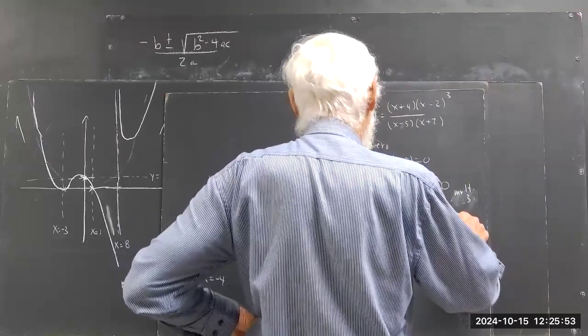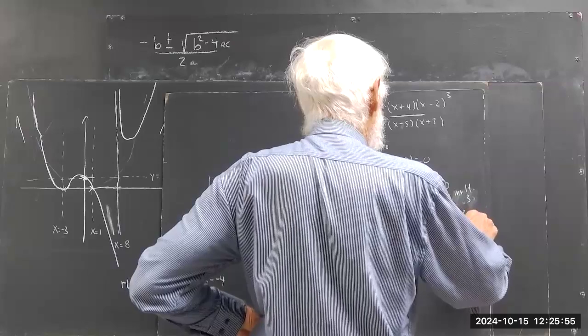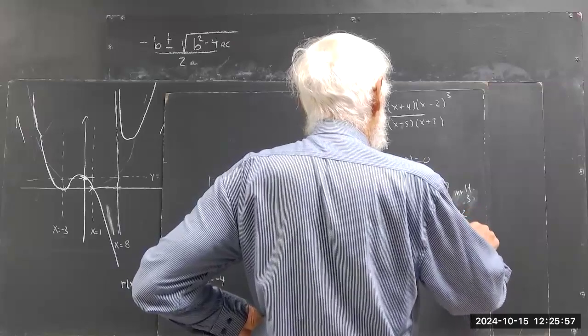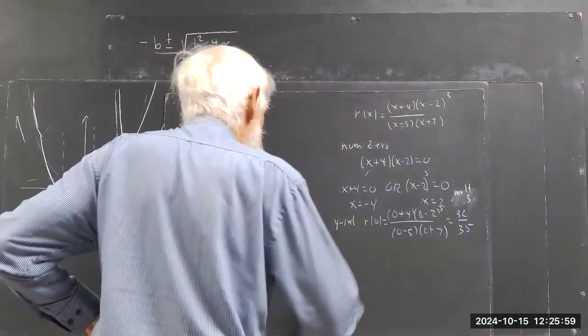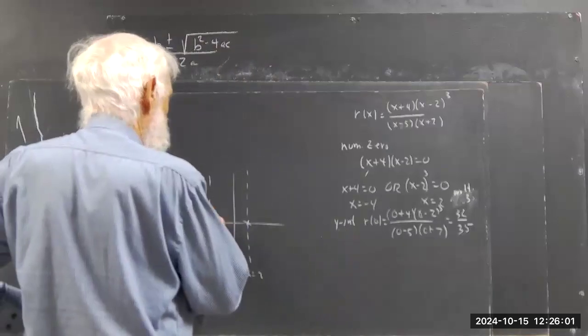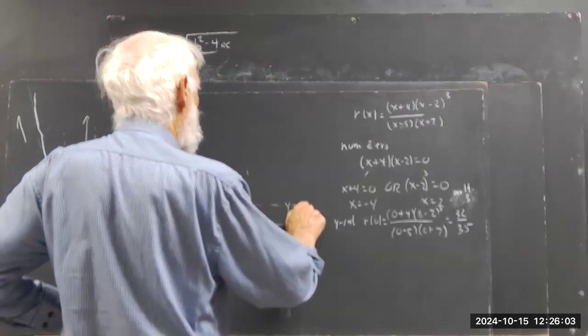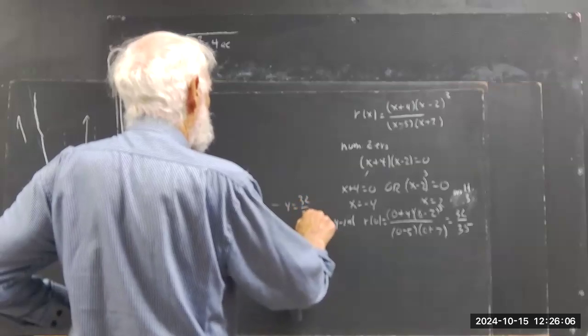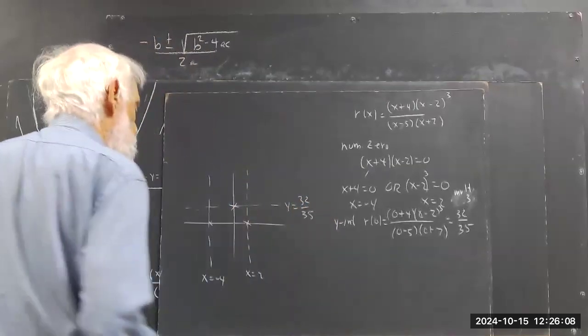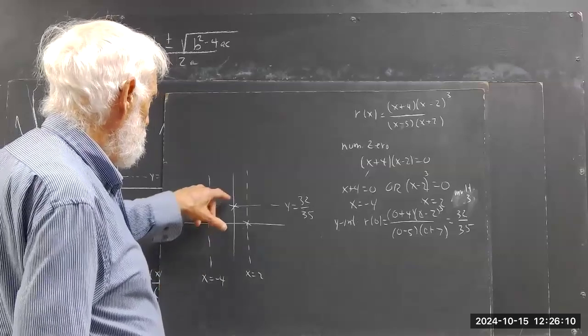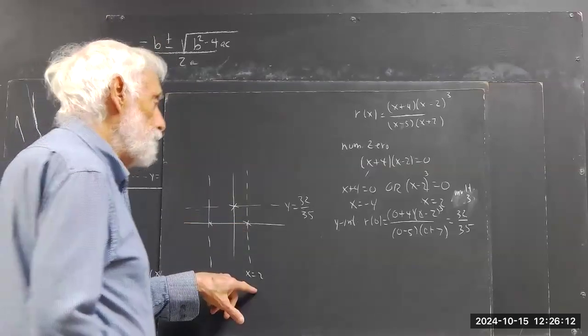Okay, you do this and you get 32 over 35. There's your y-intercept. So at y equals 32 over 35, you get the y-axis. Graph has to go through this, this, and this. Here, the degree is 3.